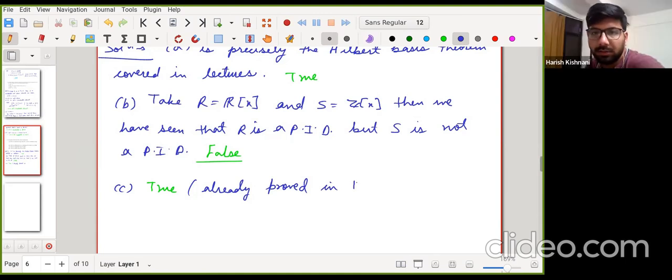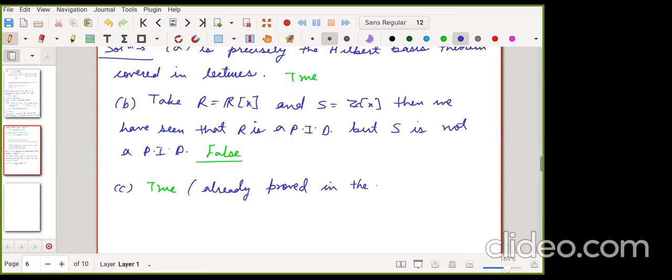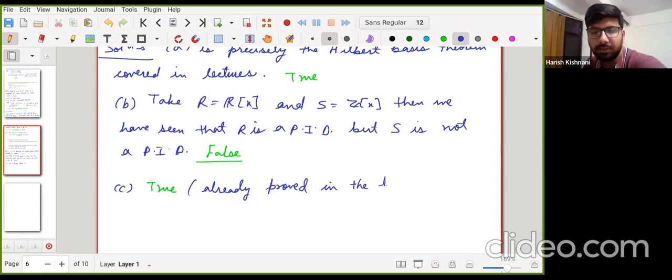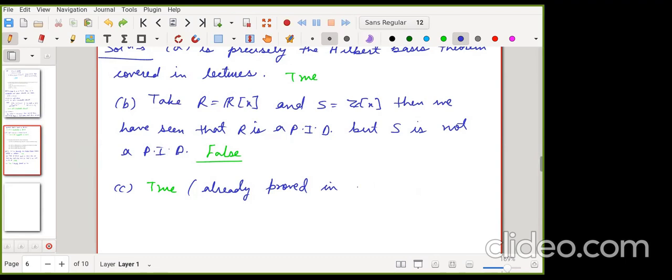We have to conclude S is not a PID, so that we know now that the ideal generated by 2 comma x is not a principal ideal. That also we have seen in the beginning, right? Yes.